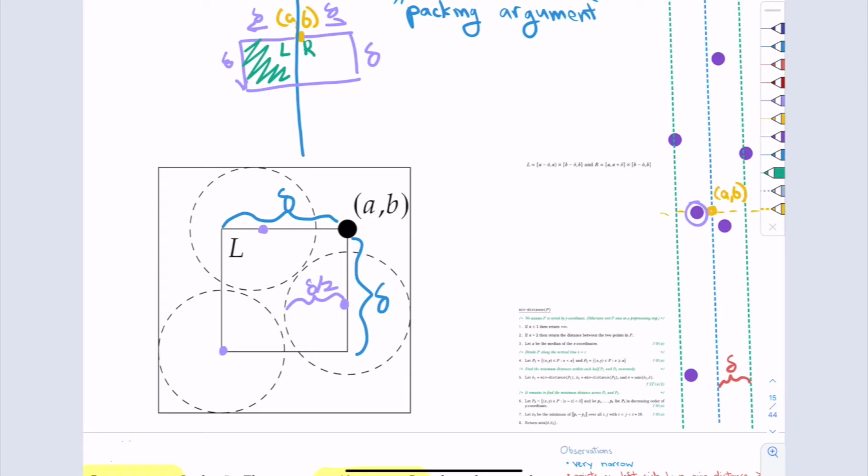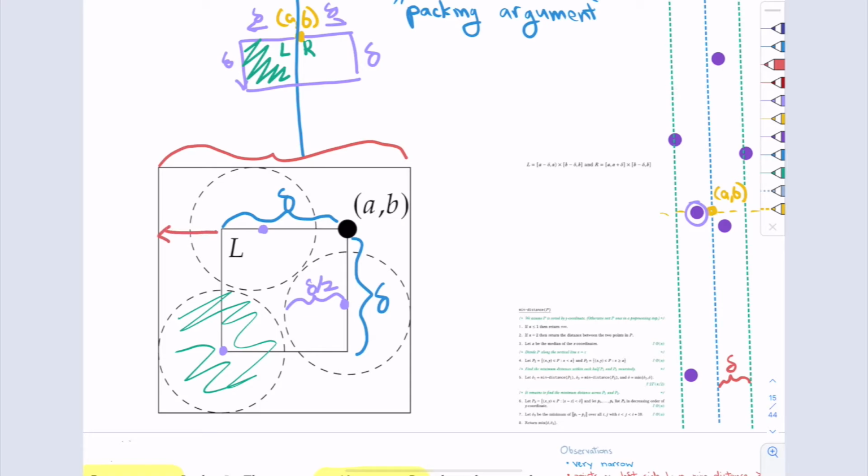So at some level, these circles are carving out some area for themselves. That circle owns that amount of area, and no one else touches it. Now, all these circles are going to sit inside this square, where I've added delta over 2 padding on all sides of that square, because the circle has radius delta over 2.